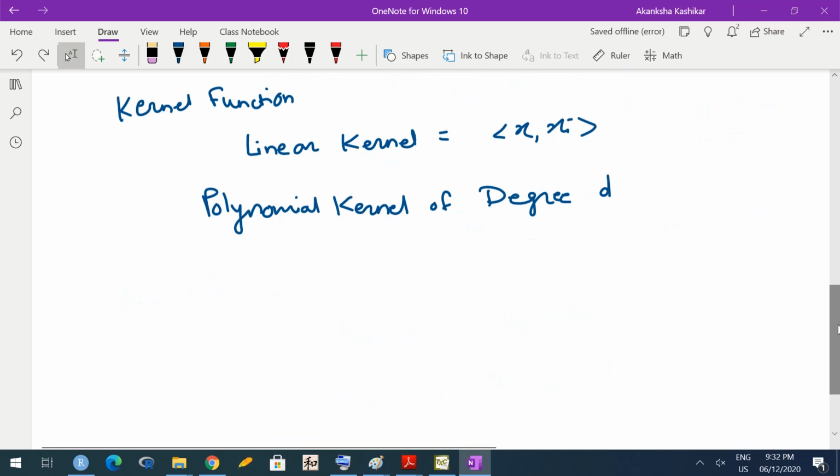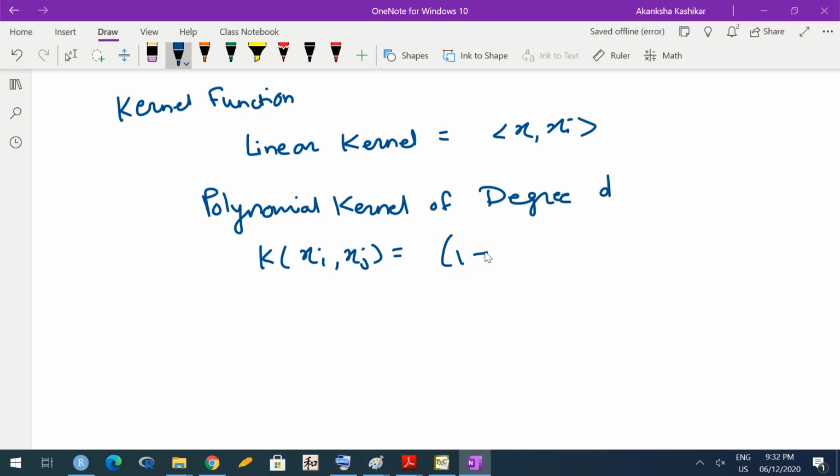So instead of taking the inner product of two observations, if I want to take the polynomial kernel over two observations, say the ith observation and the jth observation, then this becomes 1 plus the sum over k going from 1 to p, because every observation is a p-dimensional vector, of x_ik x_jk, whole raised to d.